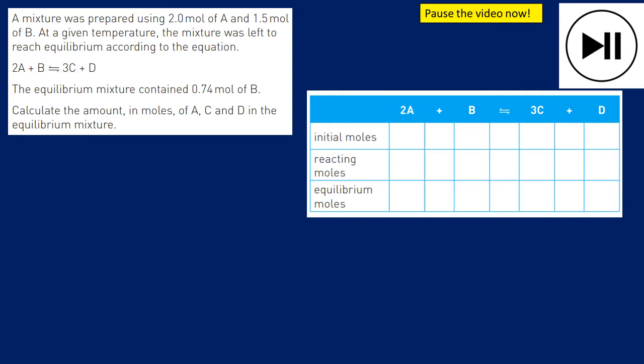So it's 2A plus B, equilibrium 3C plus D. So if we were asked for an equilibrium expression, we would come up with Kc is equal to the concentration of C to the power of 3 multiplied by the concentration of D to the power of 1 divided by the concentration of A squared multiplied by the concentration of B. And in terms of units, it's going to be moles per decimeters cubed to the power of 4 divided by moles per decimeters cubed to the power of 3. 4 minus 3 is 1. So our units here will be moles per decimeter cubed.